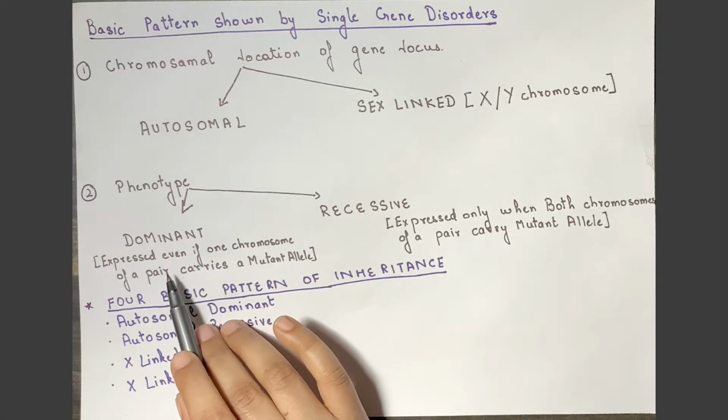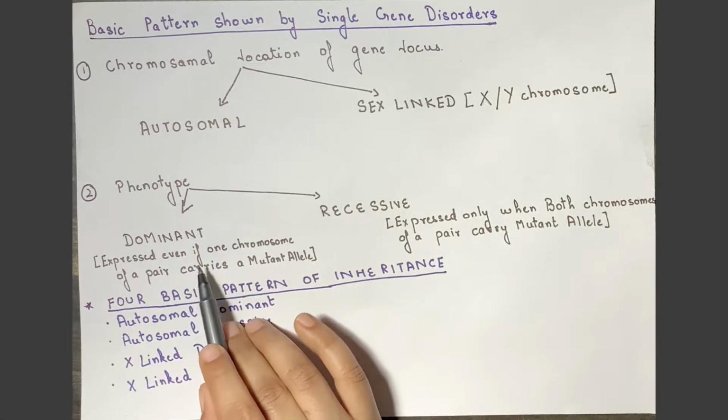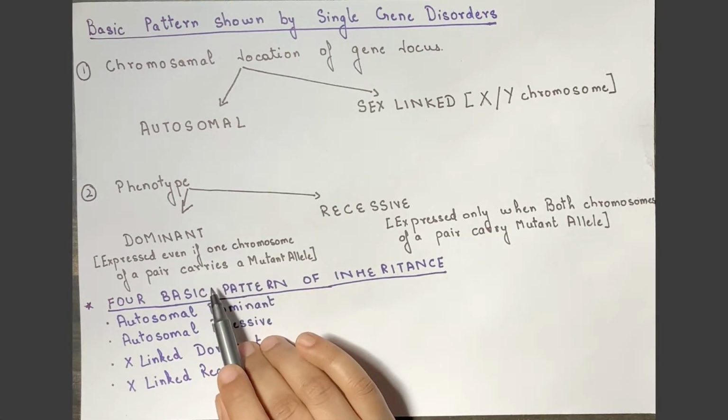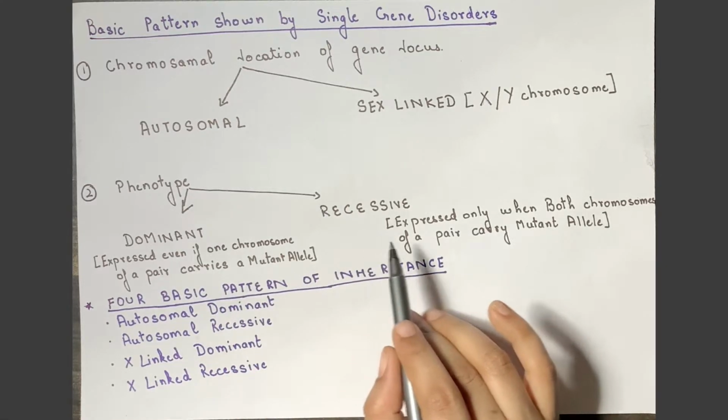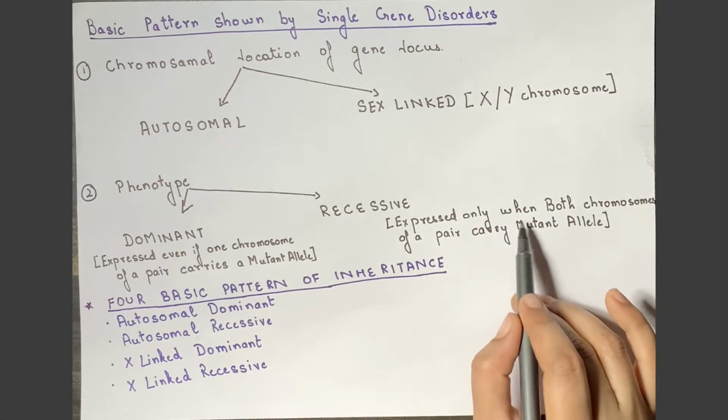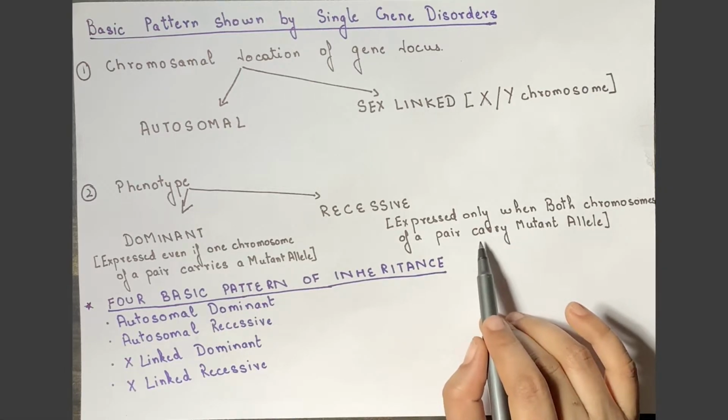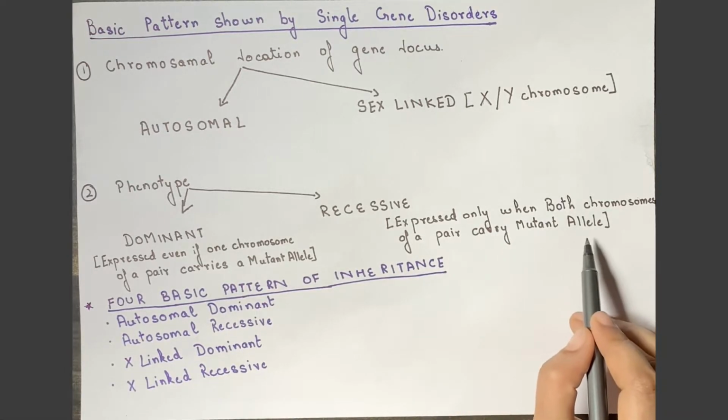Dominant is expressed even if one chromosome of a pair carries the mutant allele, but recessive is expressed only when both chromosomes of a pair carry the mutant allele.